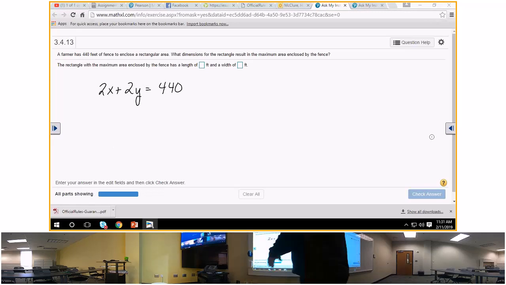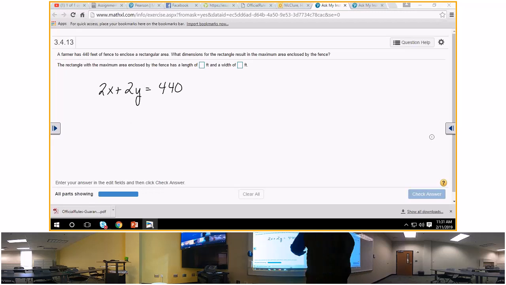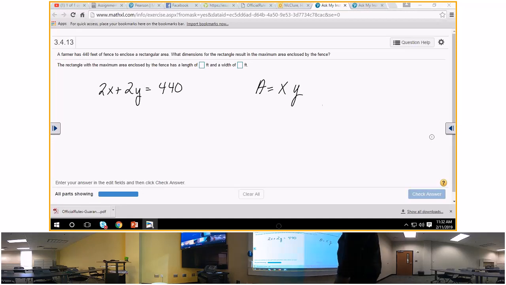I'm just doing it as x and y because you're doing these algebraic sections and everything's in terms of x and y. And they give you the area enclosed. Area is equal to x times y, or length times width.